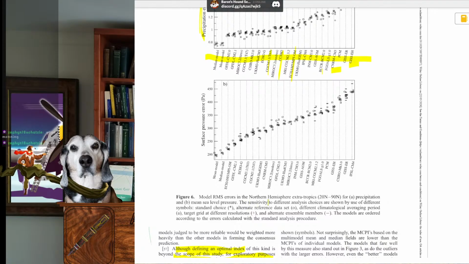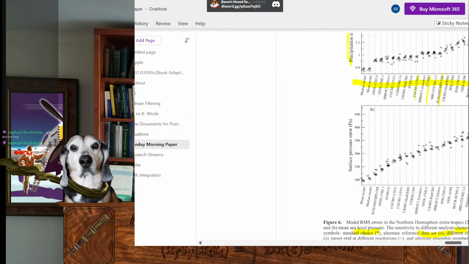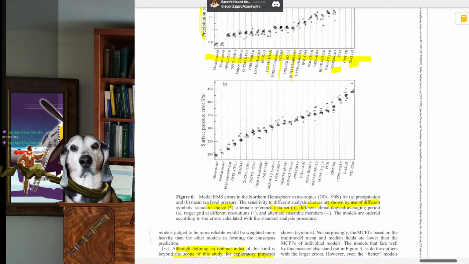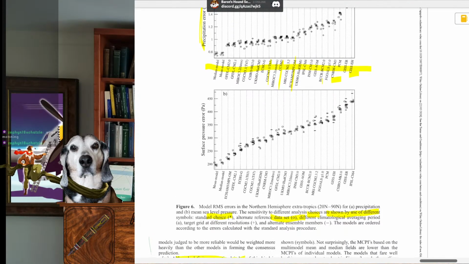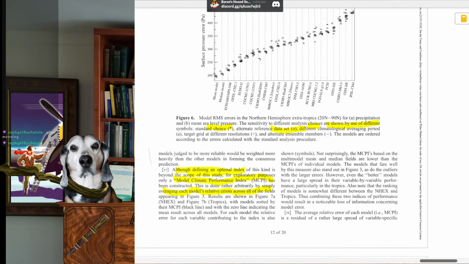Model RMS error in the northern hemisphere extratropics for A, precipitation, B. The sensitivity to different analysis choices are shown in different symbols. Standard choice, alternate reference data. Okay, so this is just showing sensitivity to different data sets. That's fine. Never mind. That wasn't what I thought it was.